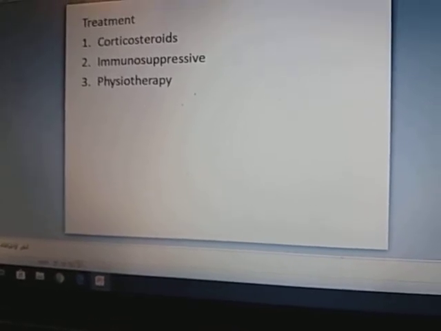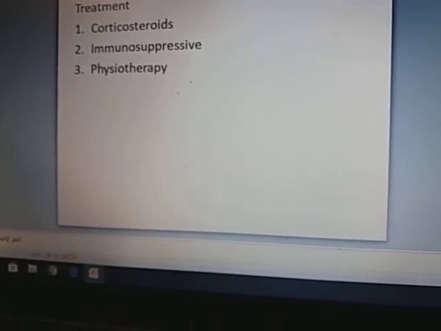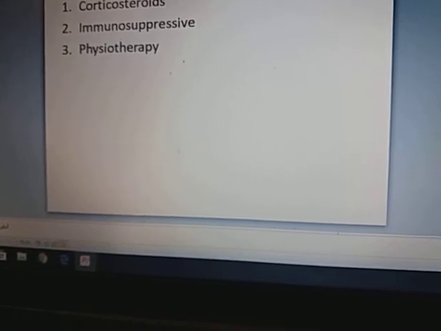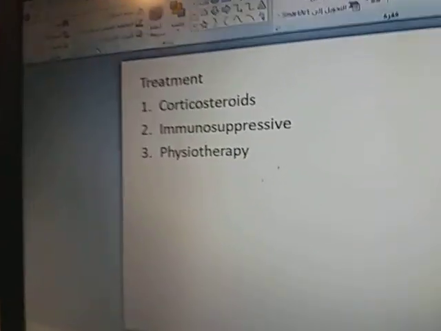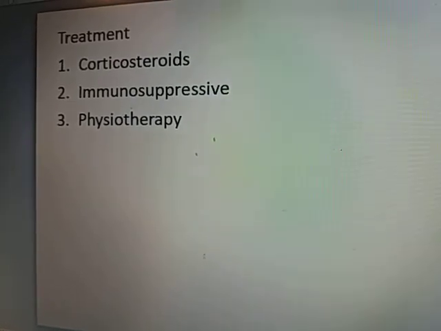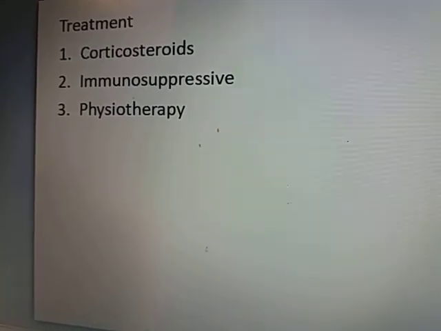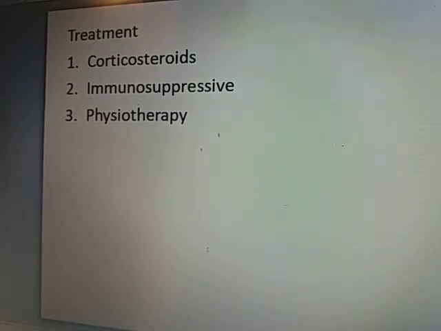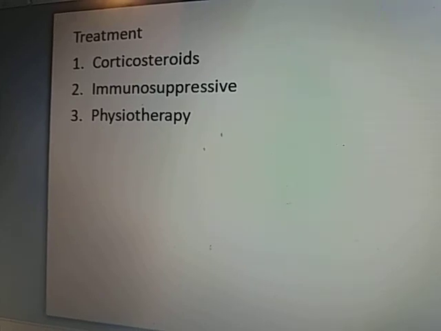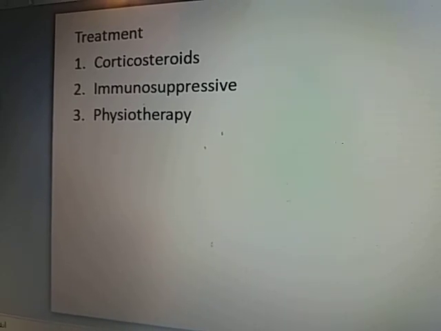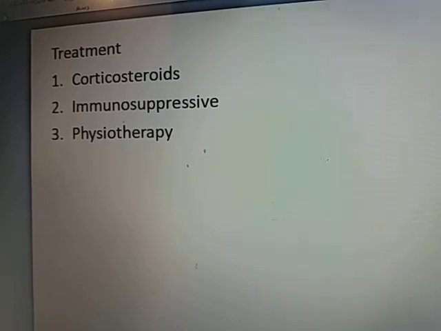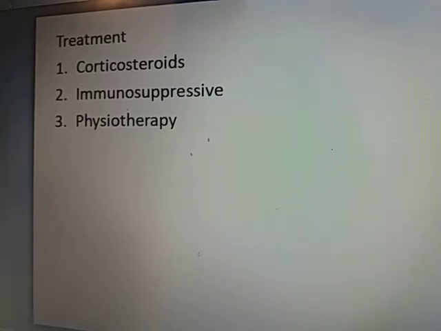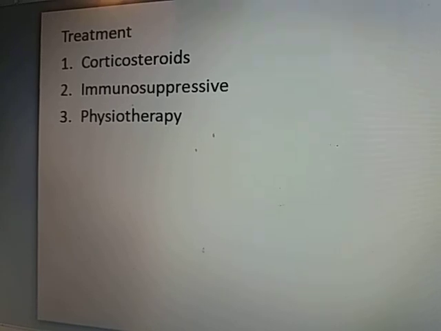Then corticosteroids are reduced gradually to a maintenance dose. Some 5 to 10% of patients may not respond to steroid. Here an immunosuppressive therapy should be added. Now, physiotherapy has an important role for restoring muscle strength and joint range of movements.